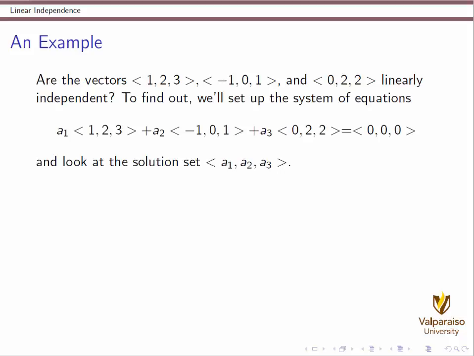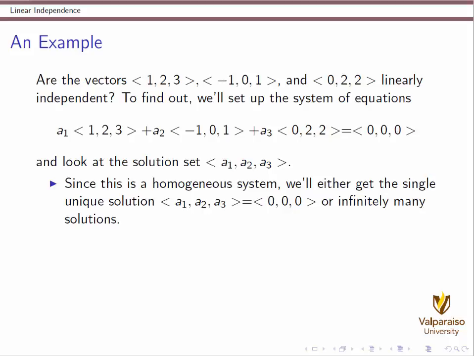We're going to build a linear combination of those three vectors and see what it takes for that linear combination to return the 0 vector. This is a homogeneous system of equations. Knowing how those work, that means just generally for a homogeneous system, you're either going to get infinitely many solutions or you're going to get one unique solution that is the trivial solution, that is zeros for all of your unknowns anyway.